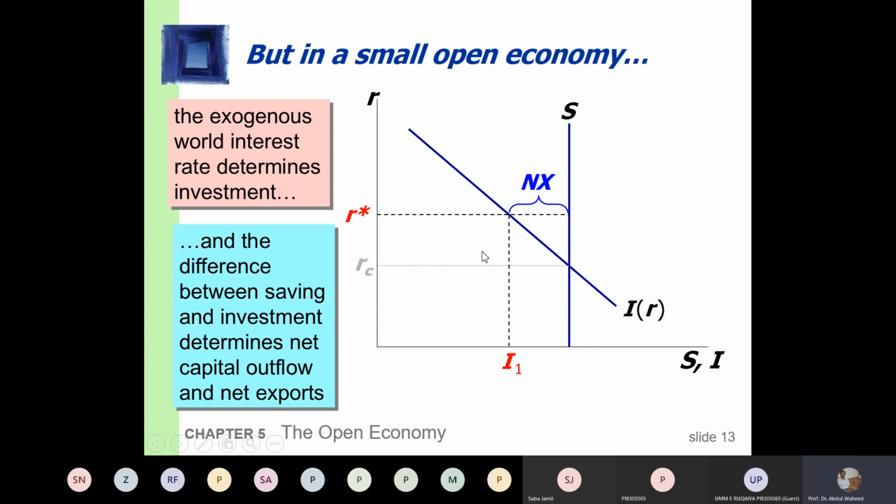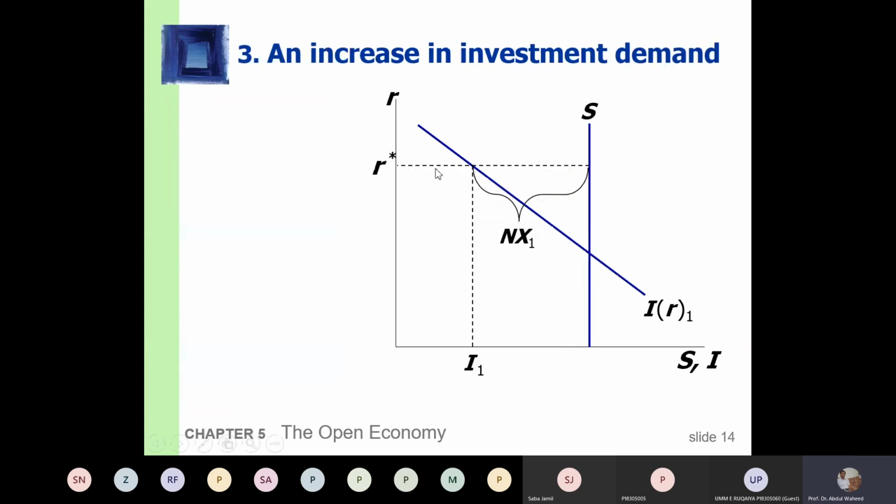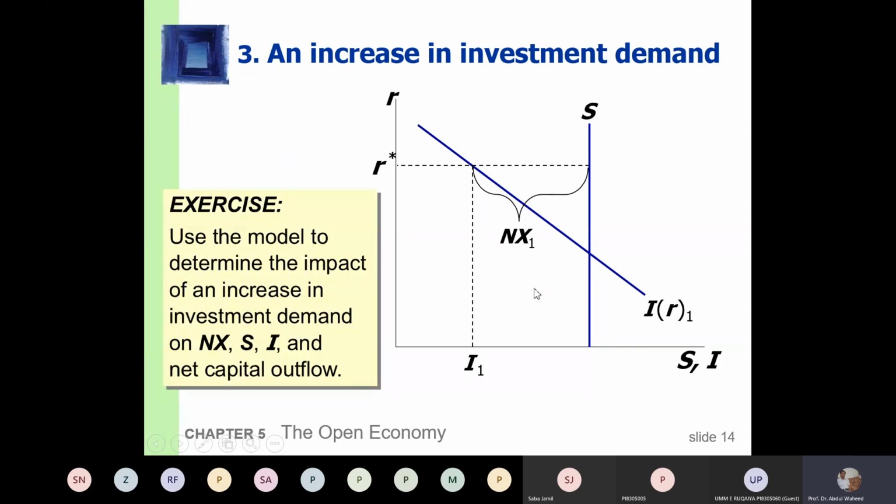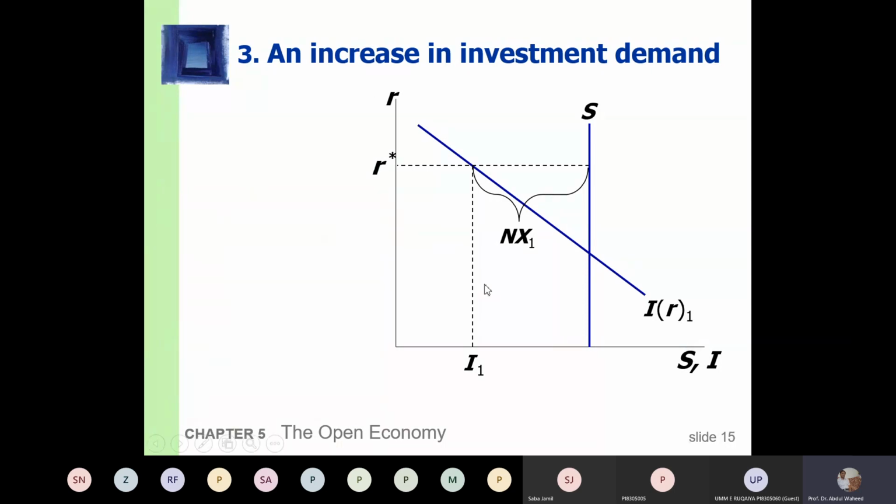Now again, if this is the world interest rate, domestic investment is this much and net X is this much. Then the question is what will happen if there is an increase in investment demand. If there is an increase in investment demand, this investment line will shift upward. So we will shift this line.